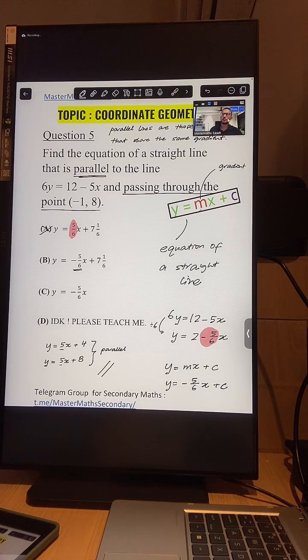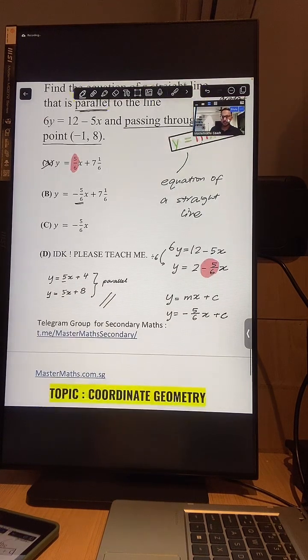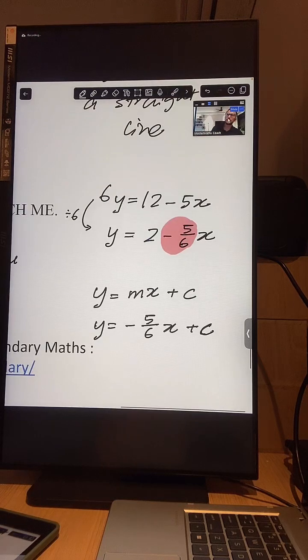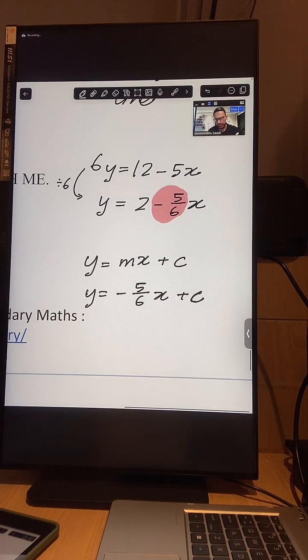When I take 6y and divide it by 6, I get y, and 12 minus 5x gives me 2 minus 5 over 6x. Because it is parallel to this line, I know my m is going to be minus 5 over 6.